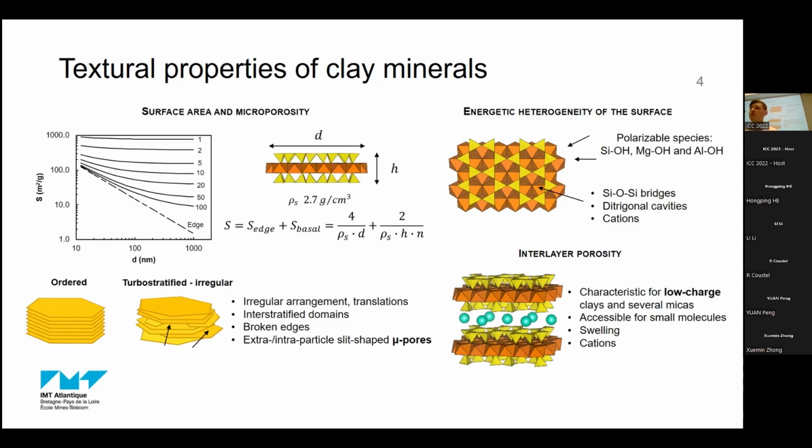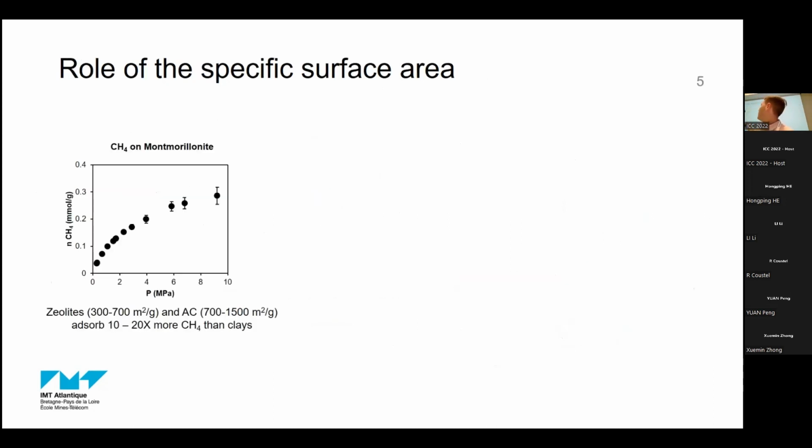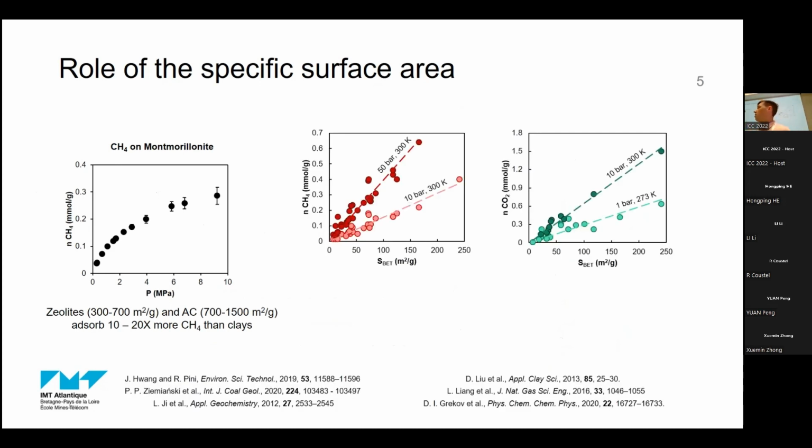Let's focus on the first control, surface area. Here we can see the isotherm of methane adsorption by montmorillonite, and almost all the isotherms of gas adsorption by clay look similar. We have pressure, amount adsorbed, and a kind of ideal curve. Literature on this topic is quite rich, and we can find quite a lot of data.